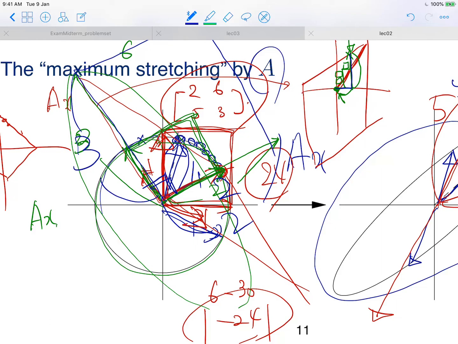What kind of vectors have this characteristic of maintaining the same direction but having different scaling factors? Those correspond to our eigenvectors, right?